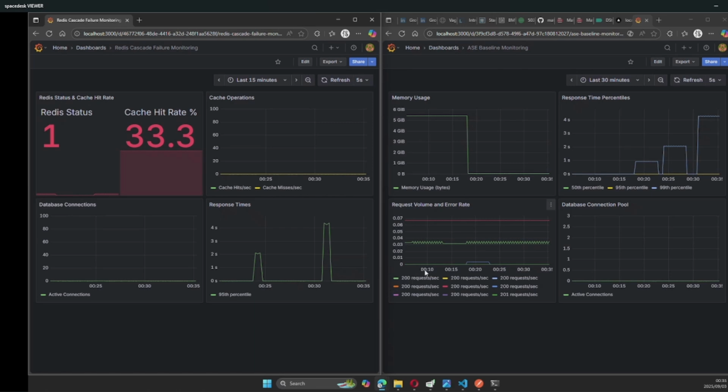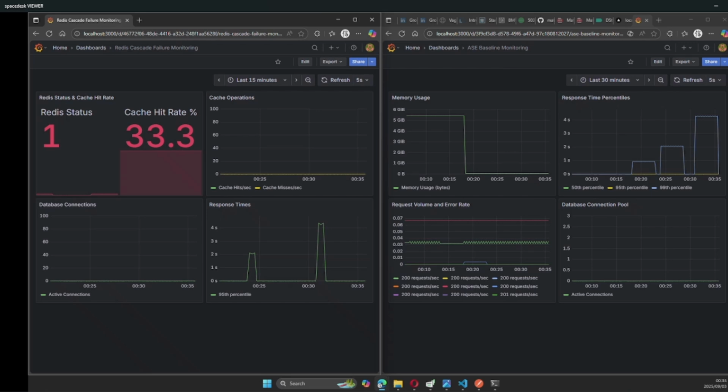The ASE methodology applied to both scenarios: firstly, real-time detection via dashboard correlation; secondly, impact assessment with quantified metrics; thirdly, multi-layer investigation across logs and system states; and fourth, professional stakeholder communication, which is key because all this is pointless if you don't know how to communicate with stakeholders. And finally, systematic recovery with validation. As we saw, we went back to the normal state.